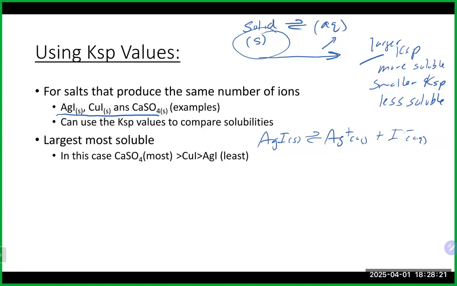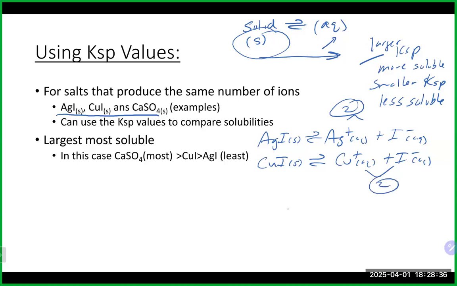That is 1, 2 ions there. We take our copper 1 iodide, going to break apart into a copper ion and an iodide ion. That also is 2 ions. And if we take calcium sulfate, it will break apart into a calcium ion and a sulfate ion, which is also 2. So this is what we're talking about.